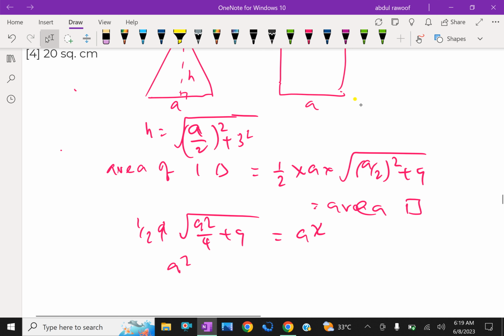Squaring both sides, A squared equals 1 by 4 times (A squared by 4 plus 9).